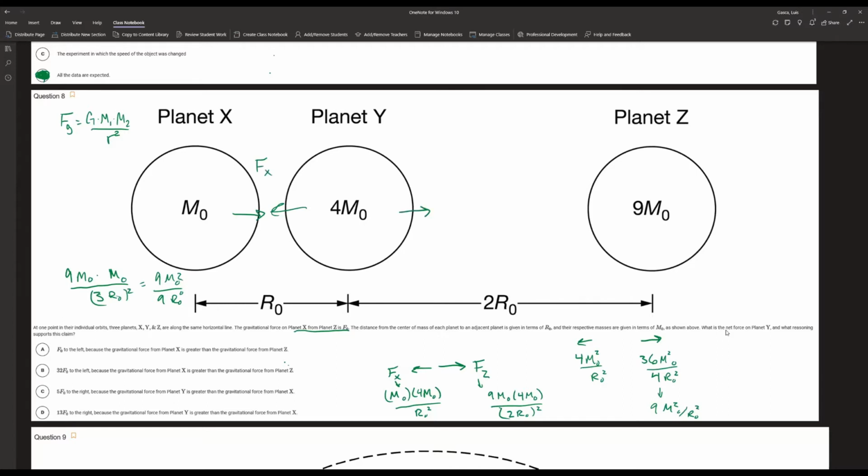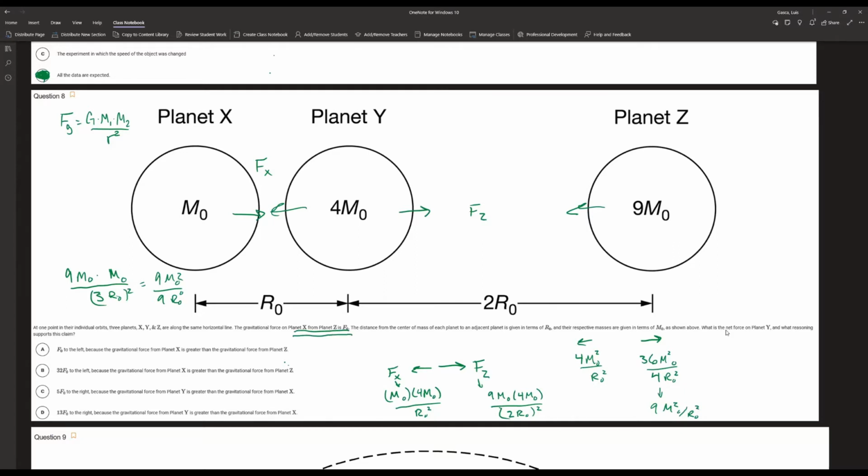And then there's a gravitational force between these two, which I'm calling Fz. So when we did the force from planet Z on planet X, and there's like a third force over here between them, but we're not going to worry about drawing that, okay? Because this question is asking about planet Y, so I'm only concerned with those. So what we want to do first is find out, well, how much gravitational force is this right here?